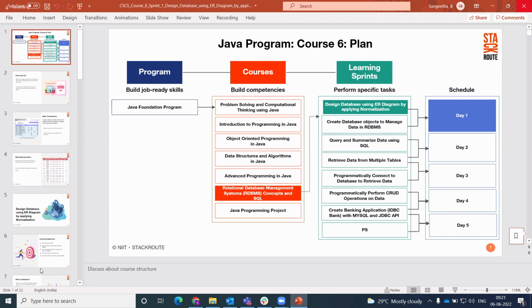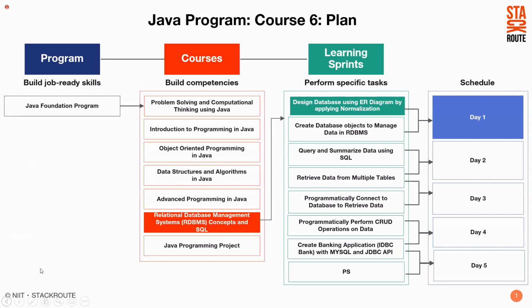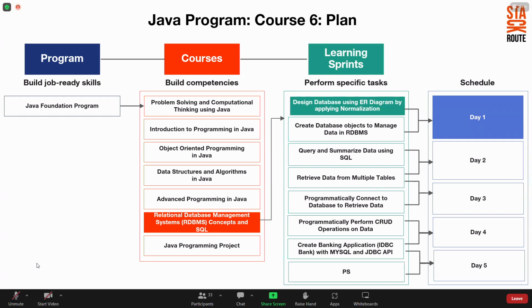All right. So we are in course 6, Relational Database Management System Concept and SQL. One of the interesting topics, my favorite topic too, database connectivity. So we have 7 sprints.